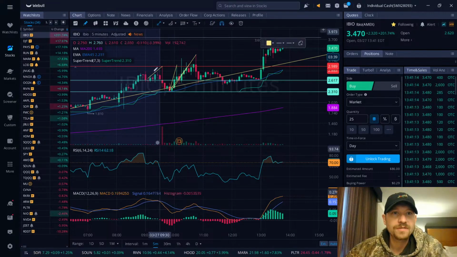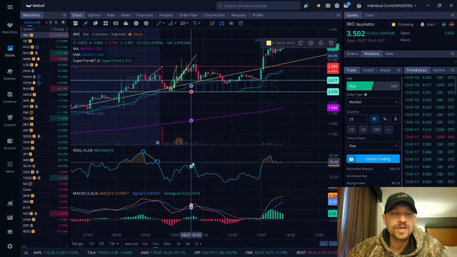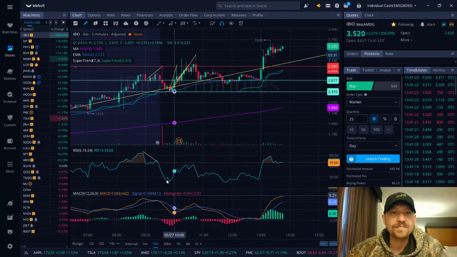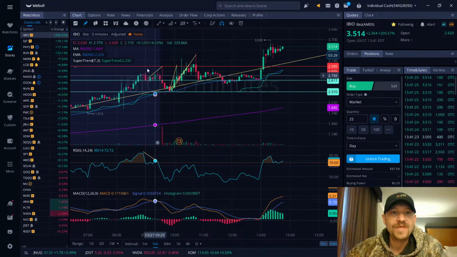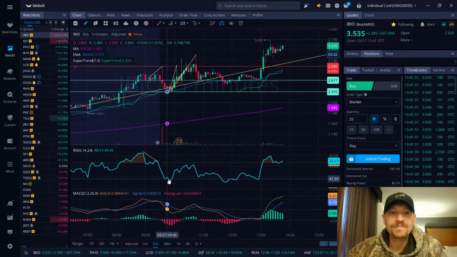Can I not draw on here? Shoot, I don't think I can. Oh yeah, I can. It was going down, creating a divergence of a downward momentum, right? Do you see that, guys? That is a divergence. So knowing that now, I should not have traded this setup.